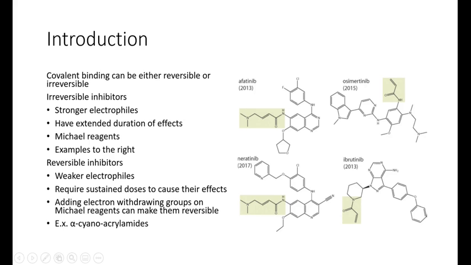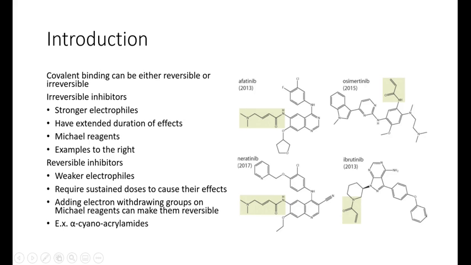Although cysteine is a common target residue, other nucleophilic residues like serine, threonine, and tyrosine can also be targeted. Drugs like aspirin and penicillin target serine residues in prostaglandin synthase and DD transpeptidase, respectively. There are several drugs being researched that target cysteine residues on kinases, including EGFR, ERBB2, HER2, and BTK.